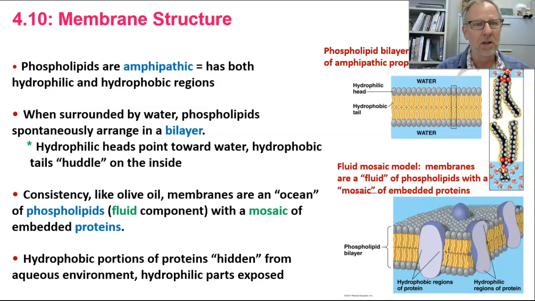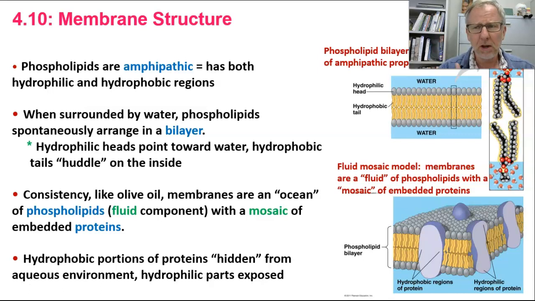Okay. Now the consistency of phospholipids, I think it's useful to have this concept in your head, is a lot like olive oil. So if you had a little beaker or test tube of phospholipids and you were swirling it around, it would look kind of like olive oil, kind of viscous, not super thick.